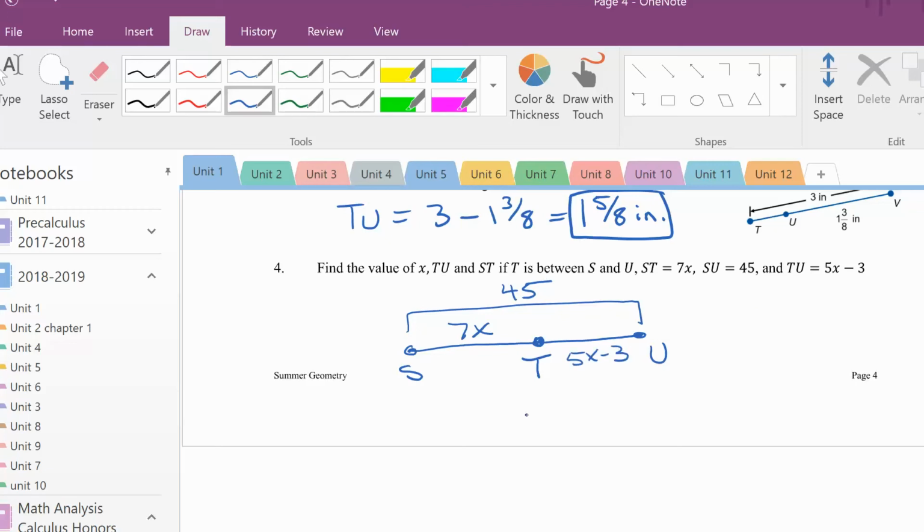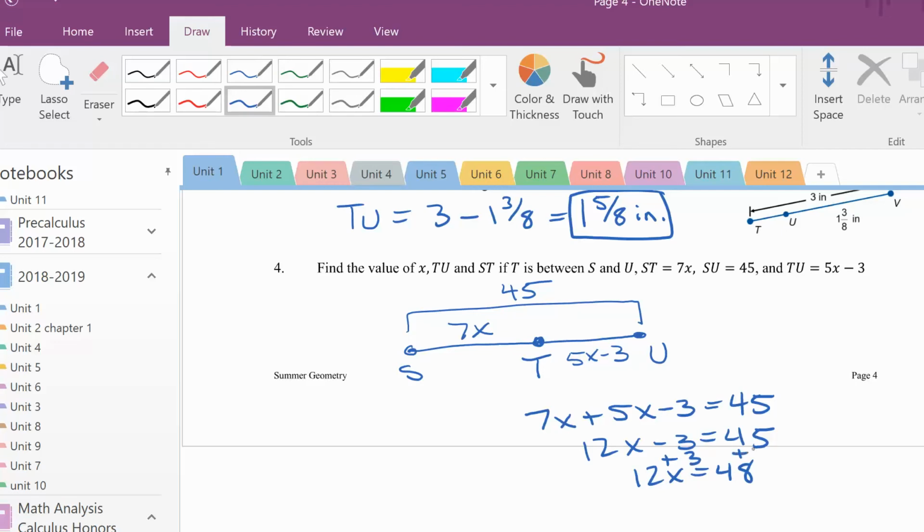So to find x, we go part plus part equals the whole thing. So therefore, 12x minus 3 equals 45. 12x equals 48 when you add 3 to both sides. So when you divide, x equals 4.